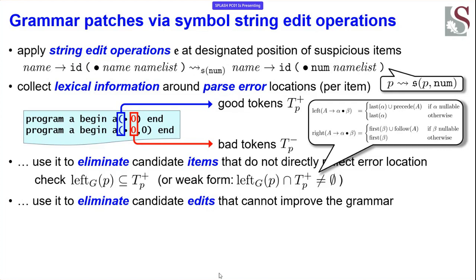So basically, the designated position, the bullet, needs to have a good token on the left-hand side and a bad token on the right-hand side. If that's not the case, then that rule can't have been used to generate that error.